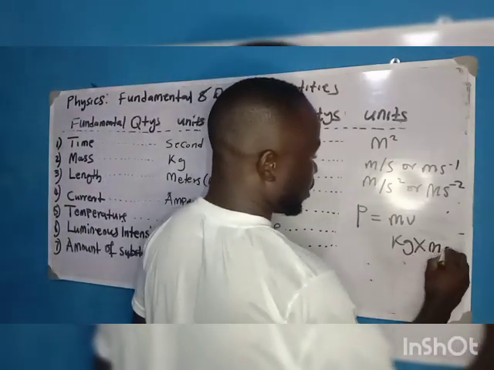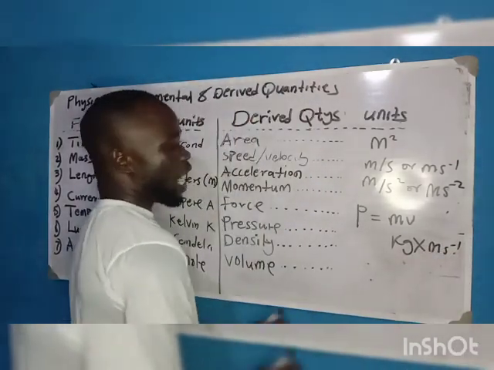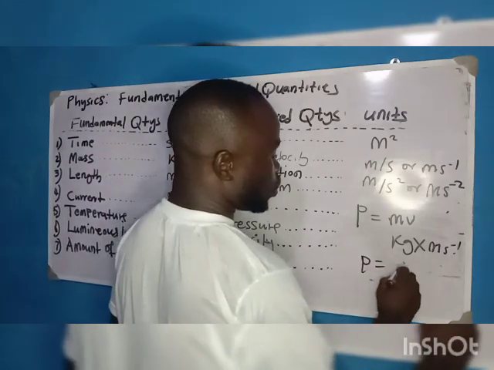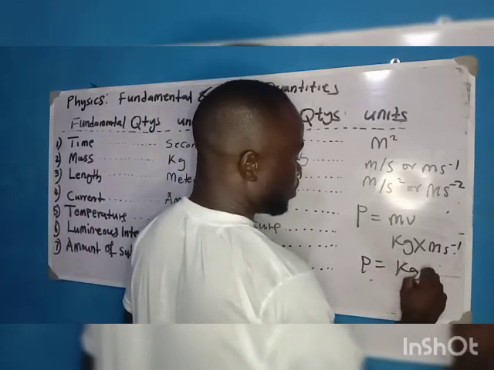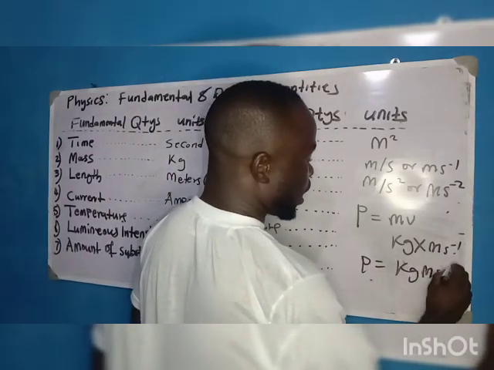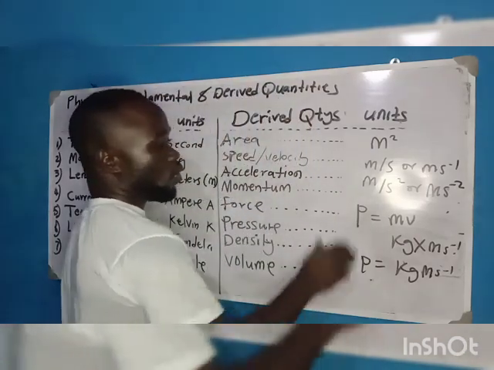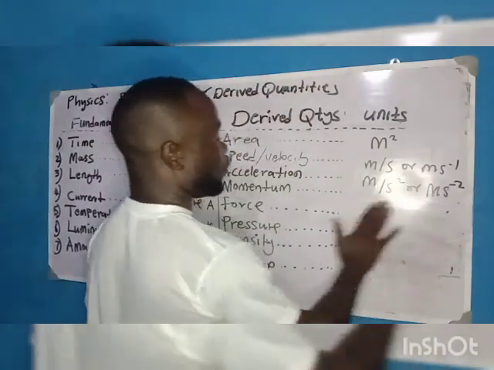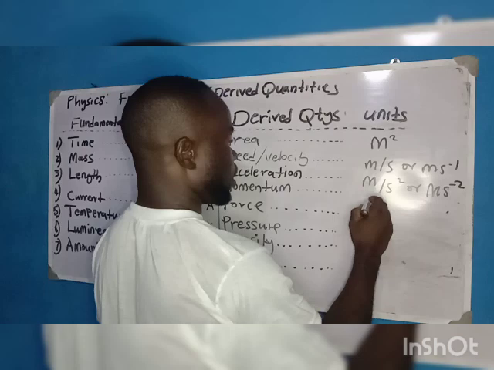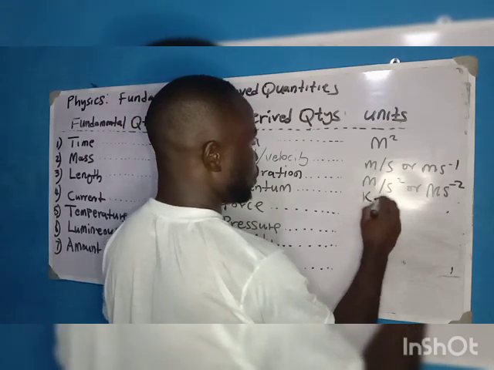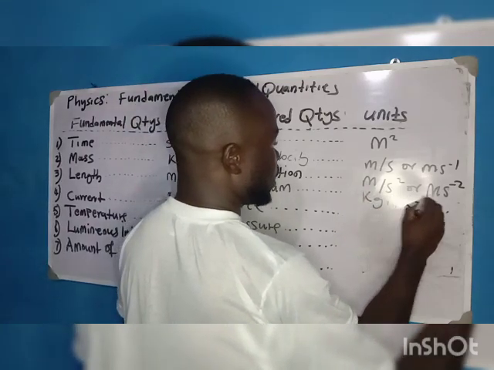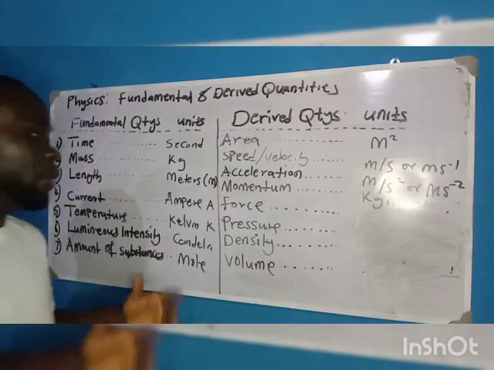Therefore, the unit of momentum is kilogram meter per second, kg m/s.